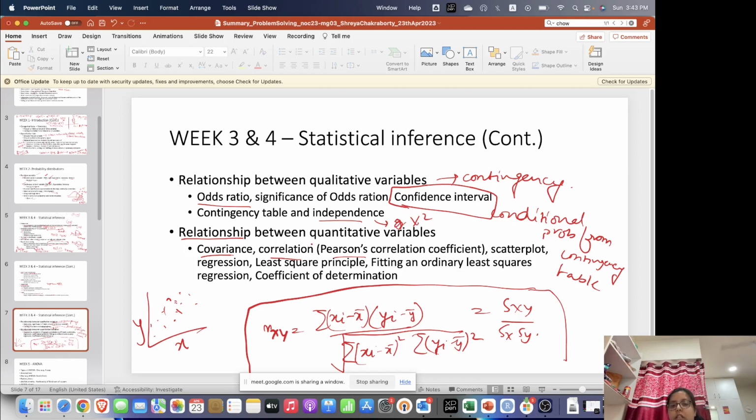Then we learned about the least square principle, fitting OLS. How do we fit it? So we want to fit a line in such a way that these vertical distances between the observed and the predicted are minimized. So we want the minimum sum of squares of errors.